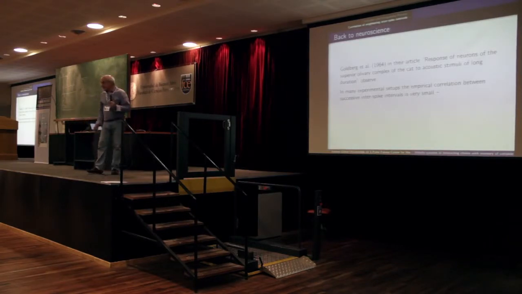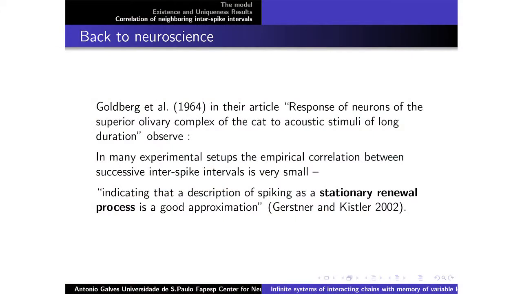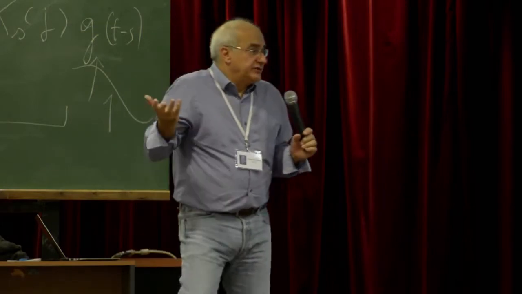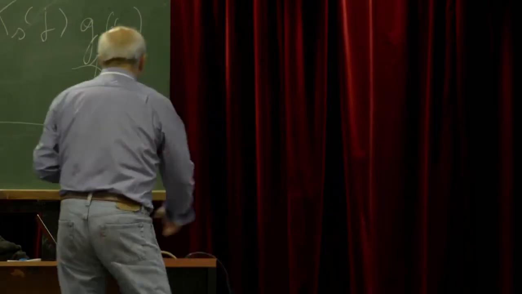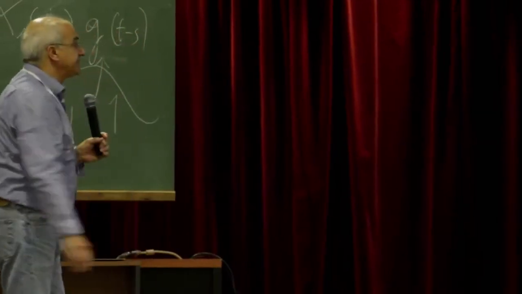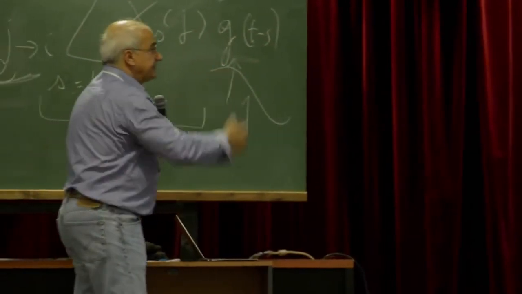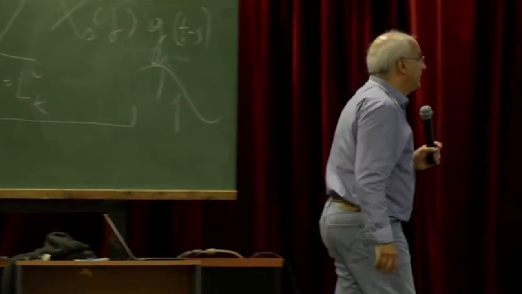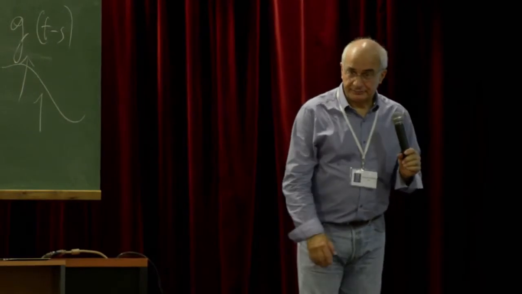And they observed that in many experimental setups, the intervals between consecutive spikes for one neuron seem to be non-correlated. So I'm quoting the famous book by Gerstner and Kistler, which says, indicating that the description of spiking as a stationary renewal process is a good approximation.